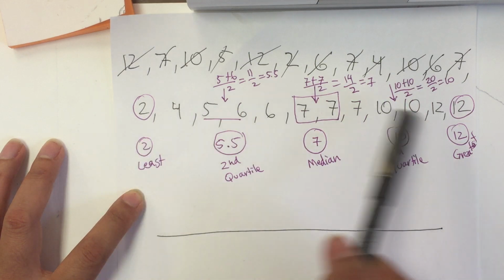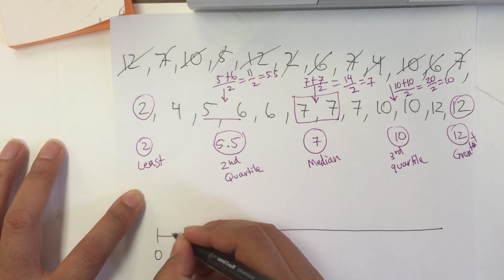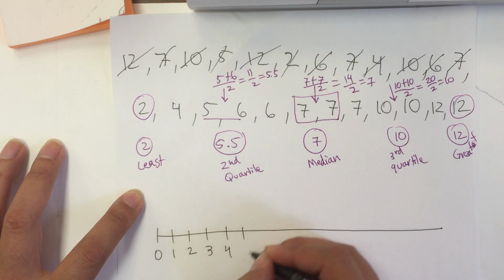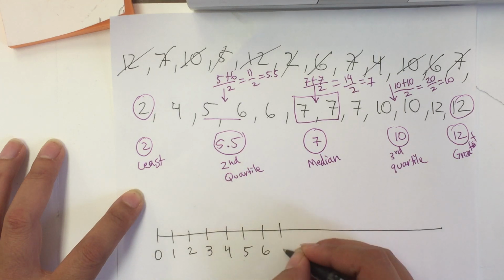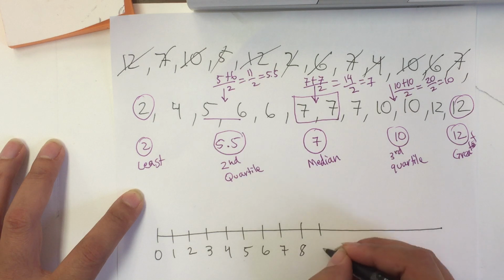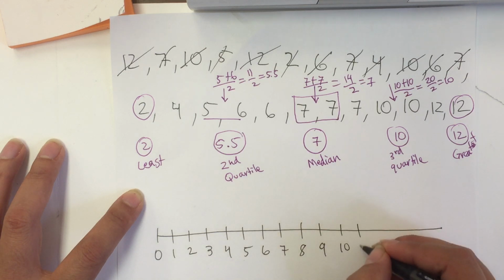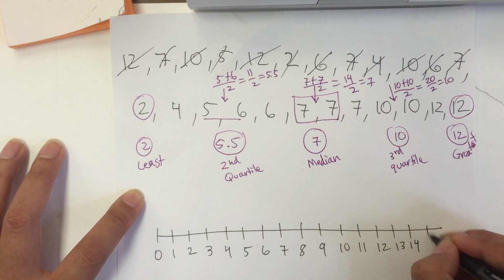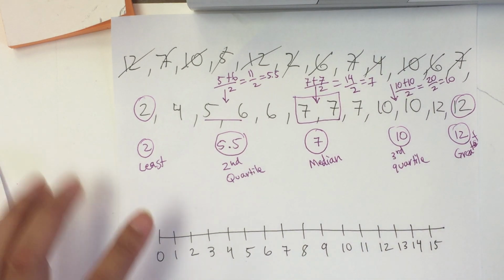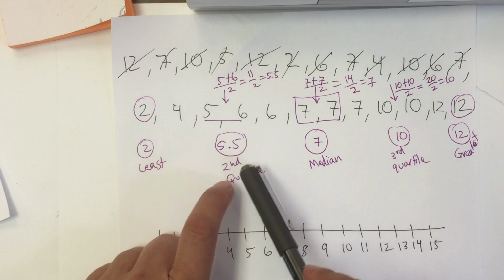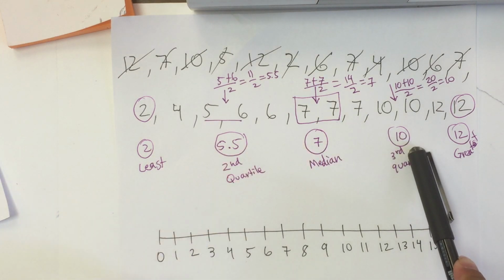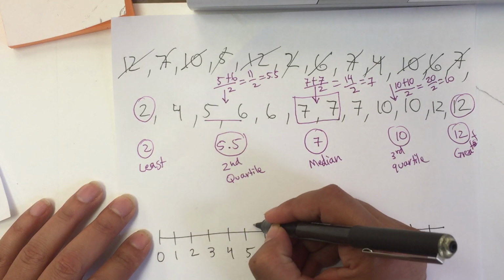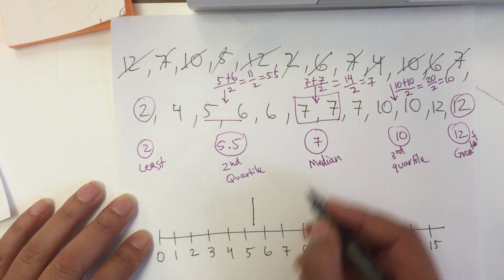And so I have from 2 to 12, I can just start at 0, it doesn't matter. 1, 2, 3, 4, 5, 6, 7, 8, 9, 10, 11, 12, and it can go on until you want. It's up to you. And remember that to graph the box, I graph these 3 medians. So it's 5.5, in the middle of 5 and 6.